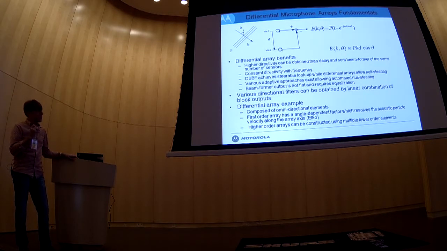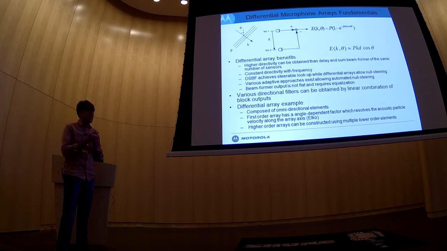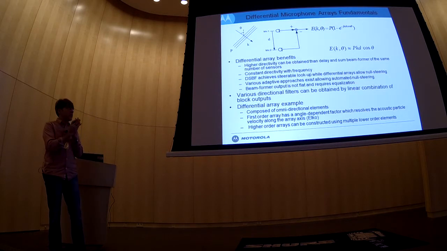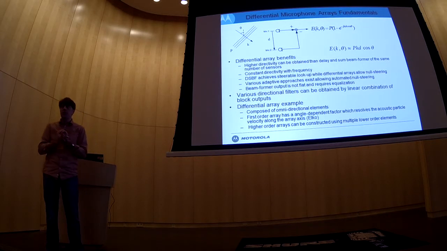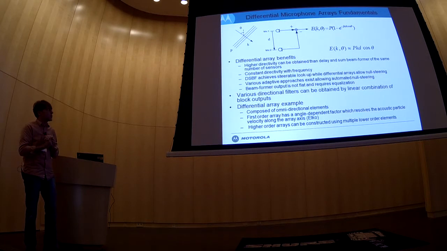Another desirable property is that the differential microphone array has been looked at, and various adaptive algorithms have been developed for steering the null in a desired direction, simply because that involves minimizing energy, and this structure lends itself very usefully for that purpose.